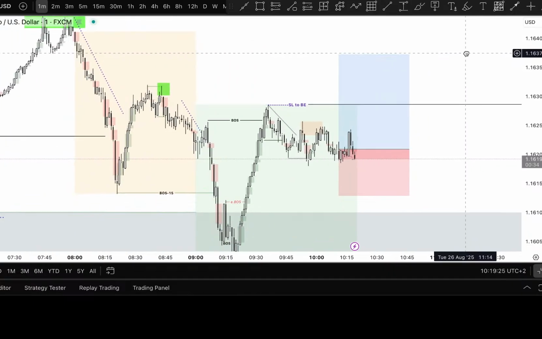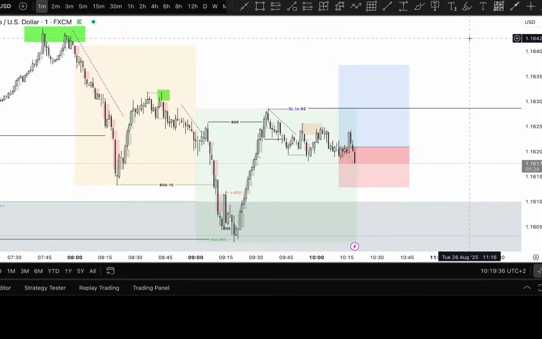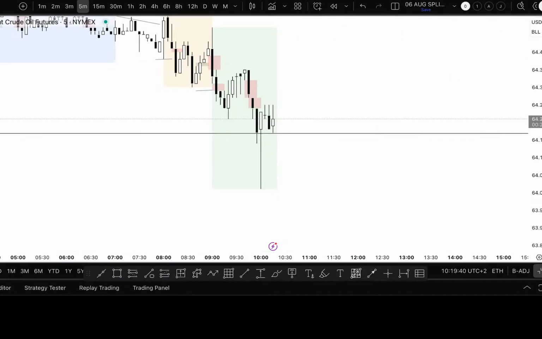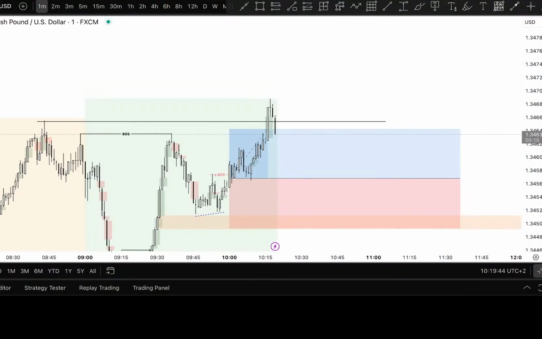Yeah, I did the trade here. 2 trades in place. Gold price decided it needs to come down.